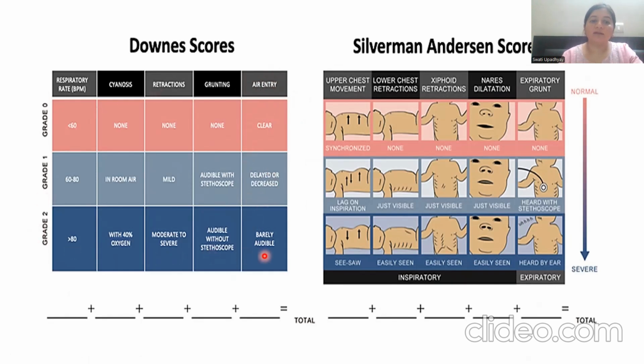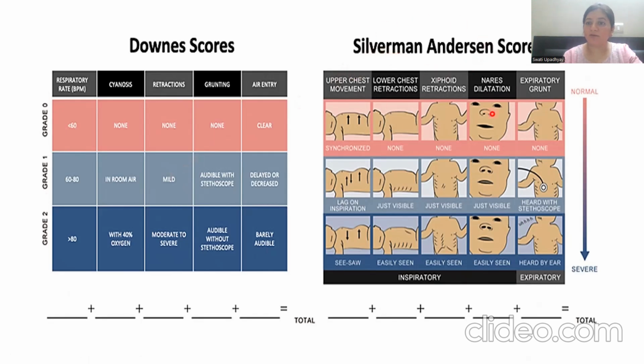The scores are then added up and a score is given out of 10. So a score of 1 to 3 means the baby is having mild respiratory distress. 4 to 6 means baby is having moderate respiratory distress. And any score 7 or above means that the baby is having impending respiratory failure.